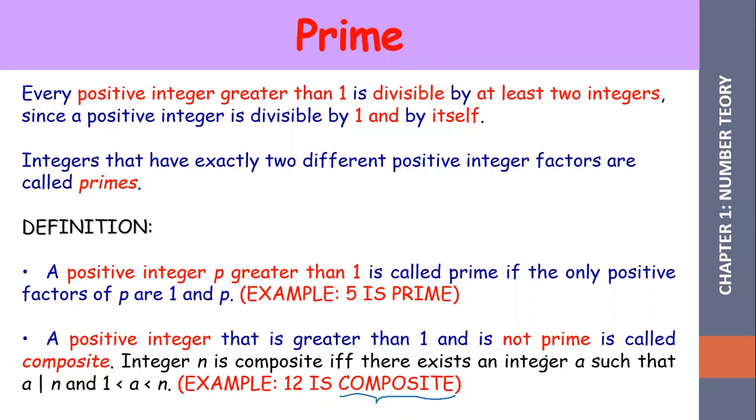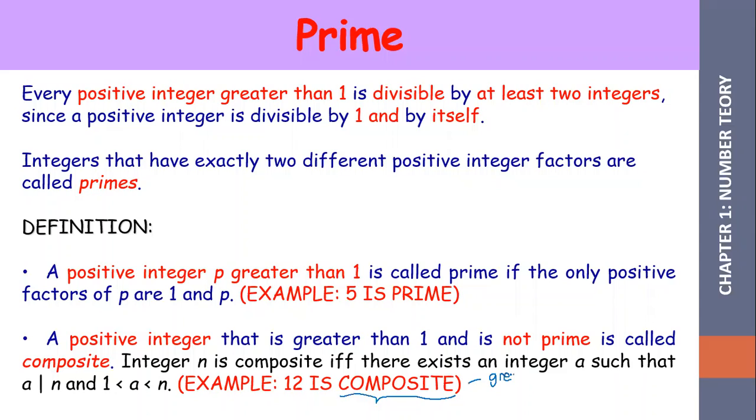For example, 4. 4 is a composite, 4 is not a prime. 4, 6, 8, 10, 12, 15, 16, 18, 20, and so on are composite numbers.